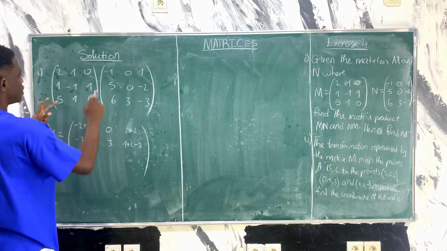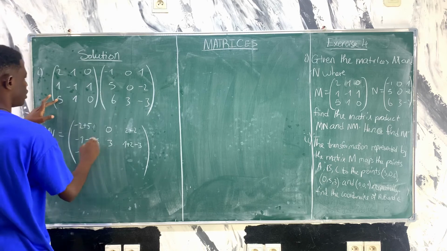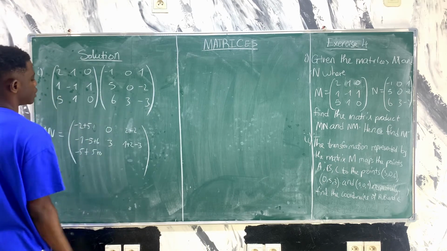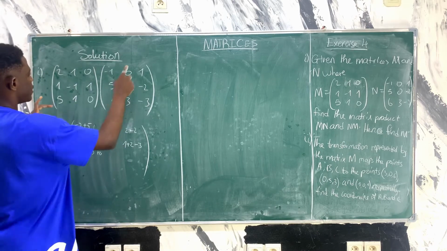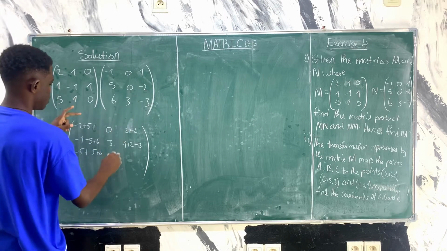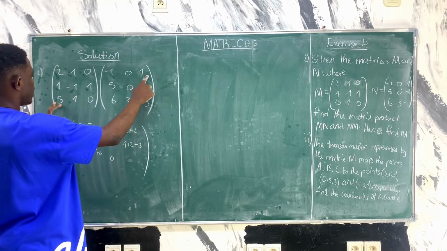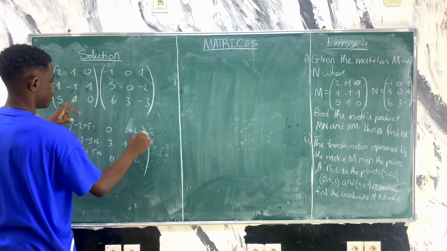So we then go to the last row, multiply by the first column. So 5 times minus 1, minus 5, plus 5, plus 0, actually. Here, we multiply this by the second, we have 0, 0, 0. We multiply this by the third, we have 5, minus 2, 0.